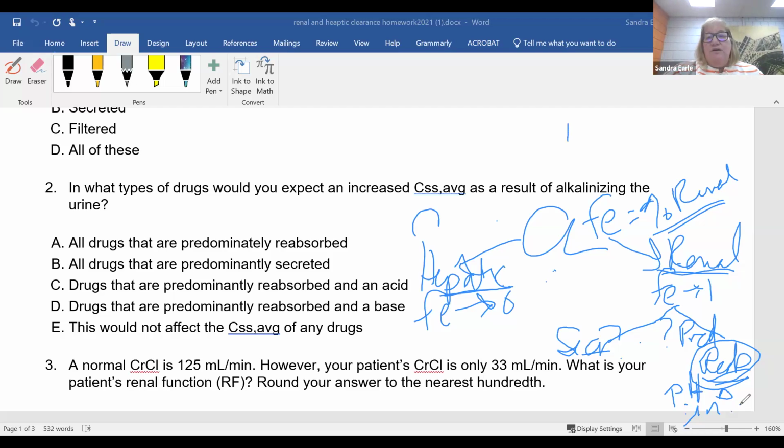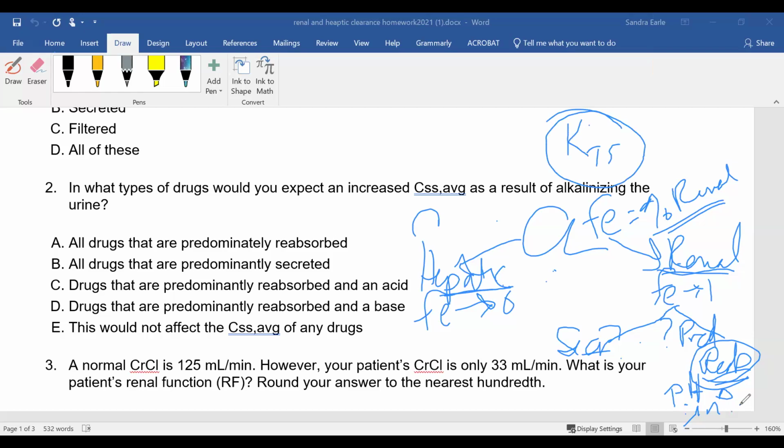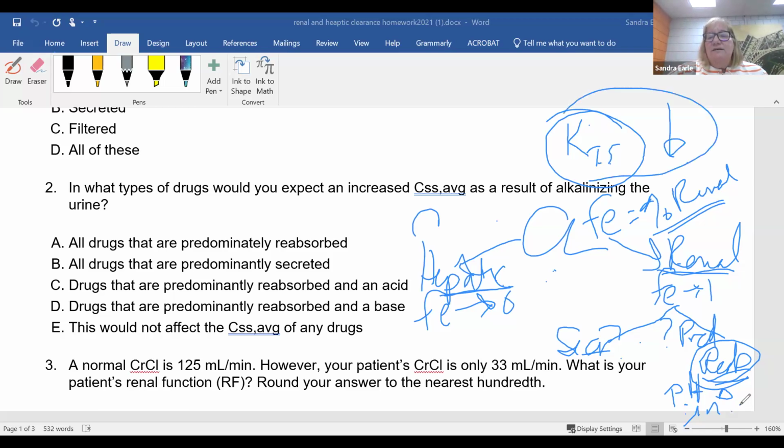Well, then you have to compare the KTSs. Do you remember what a KTS is? Is that to do with affinity? Yep, it's the affinity constant. So it's just like a Km or a C50, a Michaelis-Menten affinity constant. So the lower the KTS, the more that drug is going to be favored for the ride into the urine.